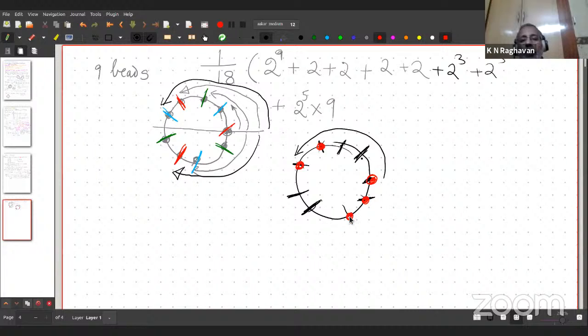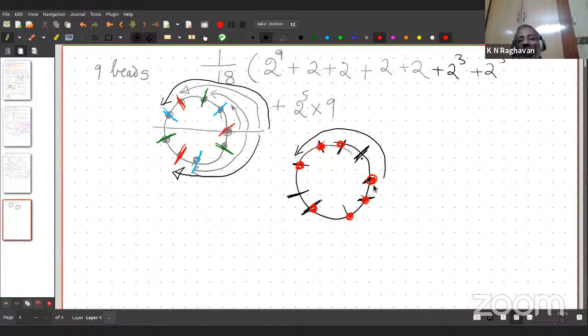And from here, 4 steps. 1, 2, 3, 4. And from here, 4 steps. 1, 2, 3, 4. Am I making some mistake? Okay. From here. Here I was making a mistake.